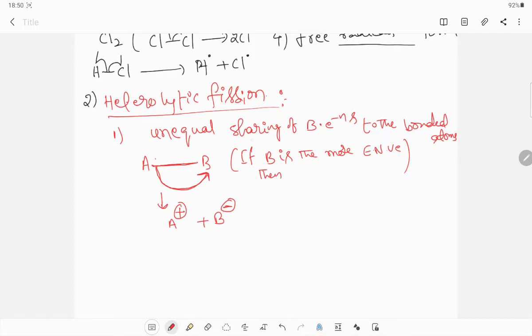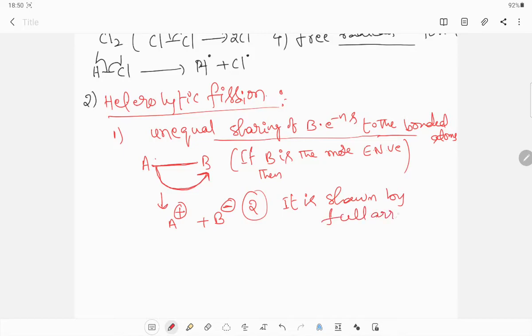The first point: in heterolytic fission, unequal sharing of bonding electrons to the bonded atoms takes place. Second point: what is the indication? It is shown by a full arrow.